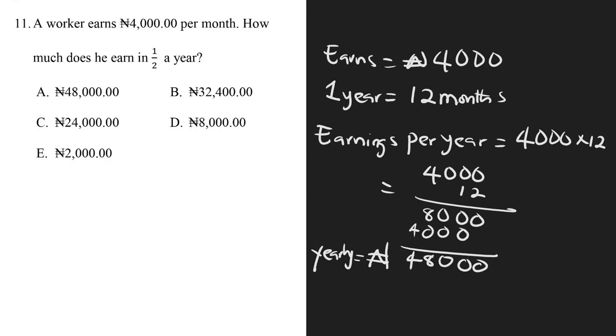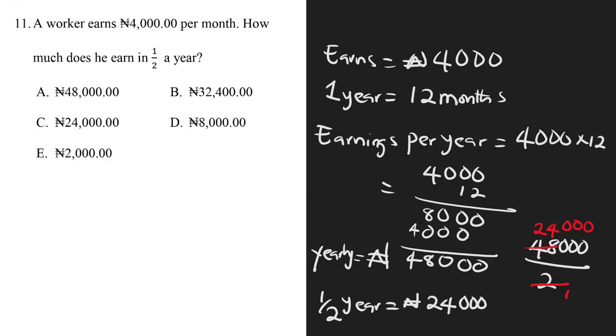So 48,000 divided by 2. 2 into 48 is 24. Then we have 0, 0, 0. So his earnings in a half year will be 24,000.